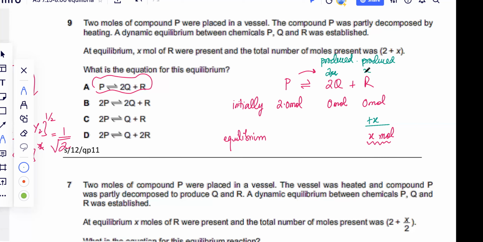Yes. And to produce 1R, 1P reacts. To produce XR, XP must react. So you have initially 0 moles of Q, now 2x moles got produced. So there's an extra 2x moles.